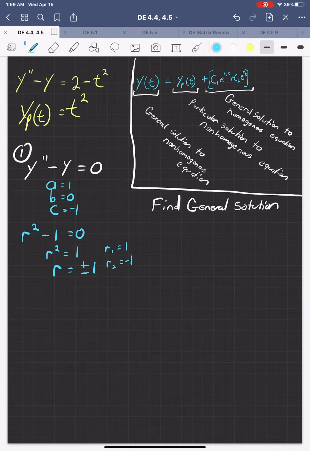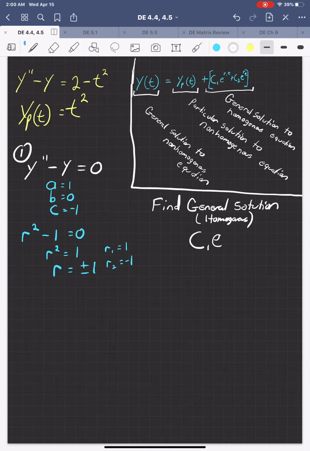Now, for the general solutions to homogeneous equations, the same rules apply when it comes to the roots, whether you have double roots, single roots, or no matching roots. In this particular case, let's go ahead and write the general solution to these homogeneous equations.